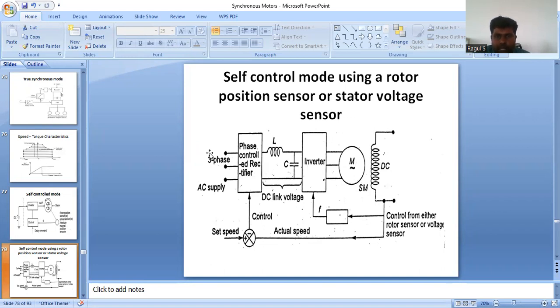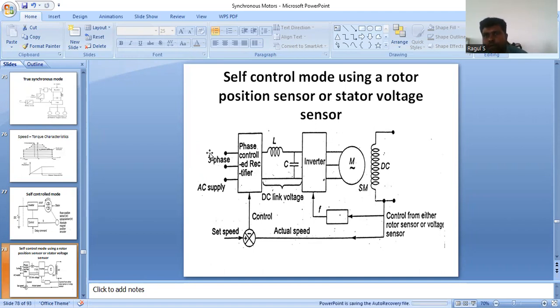Again, the controller output is fed to the inverter input. In this case, if you measure the rotor position sensor, based upon the rotor position it generates the frequency command. That frequency command output is applied to the inverter. Based upon that frequency command only, the inverter output will be varying.